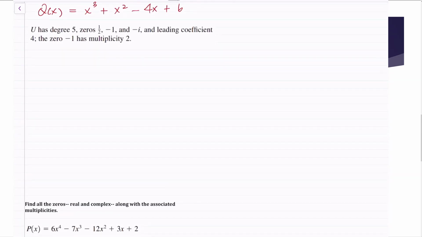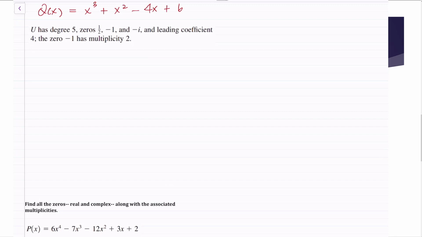So they're giving us a fifth degree polynomial. They're telling us that we have 2 real zeros, and one of those real zeros has a multiplicity of 2. They're also telling us they want a leading coefficient of 4, and they're giving us a single complex root. So as far as the root at 0, well, let's put it this way.